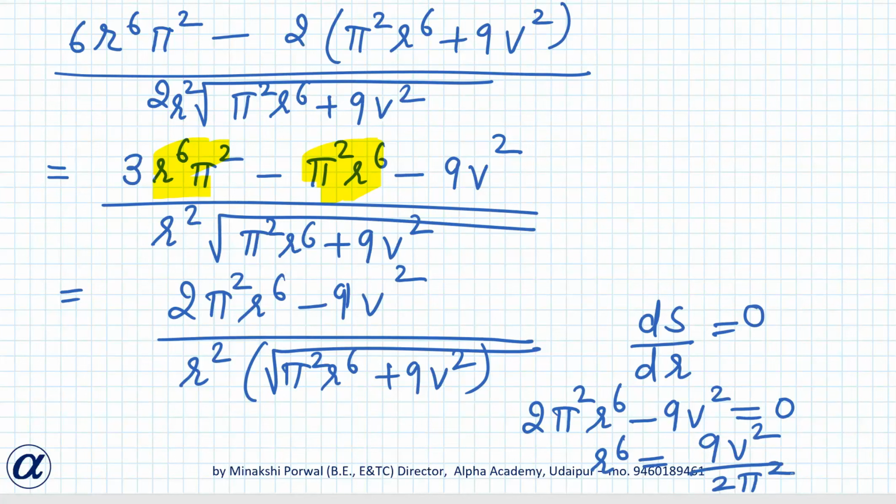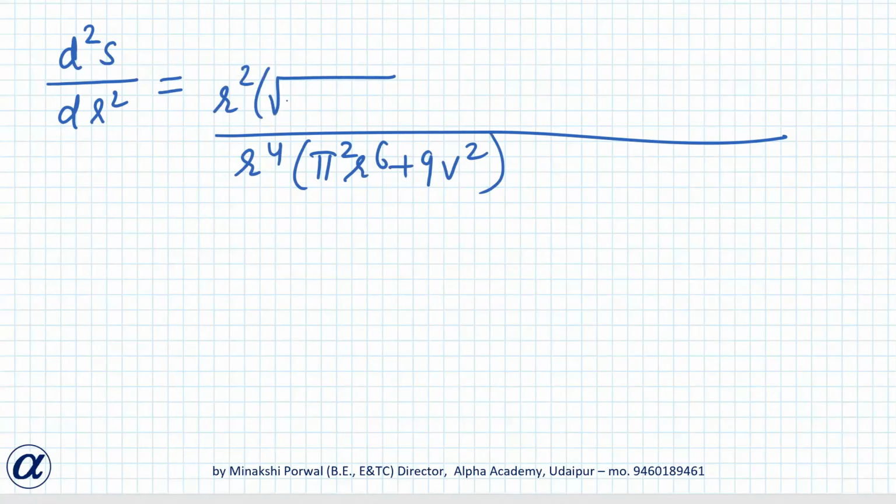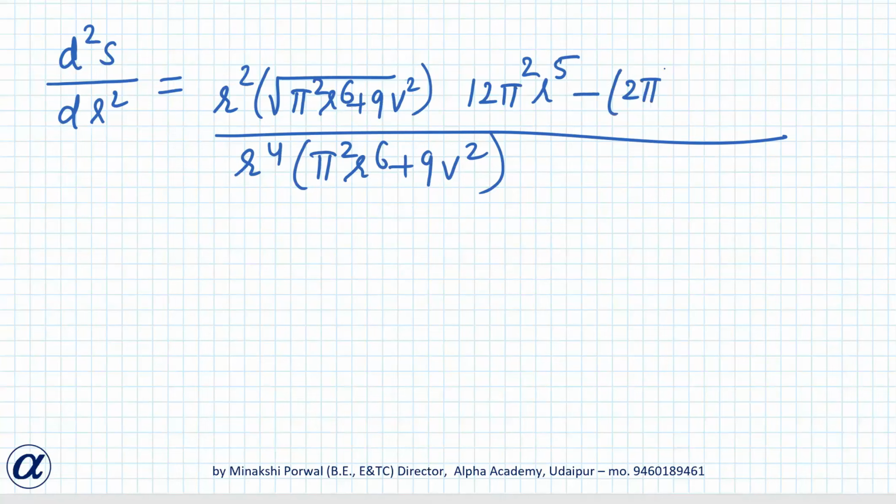Okay. Now, second derivative we'll find. So d square s by dr square: denominator square, that is pi square r to the power 6 plus 9V square, denominator into d by dr of numerator, d by dr of numerator will be 12 pi square r to the power 5, and next thing will be 0, minus numerator into d by dr of denominator.